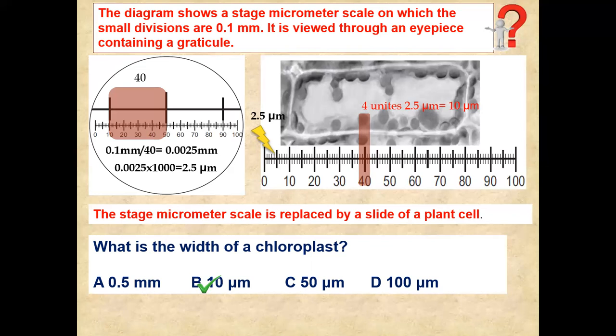So if the examiner asks what is the width of a chloroplast, the width of the chloroplast is 10 micrometer. That's our answer. We are going to proceed to a similar type of next question.